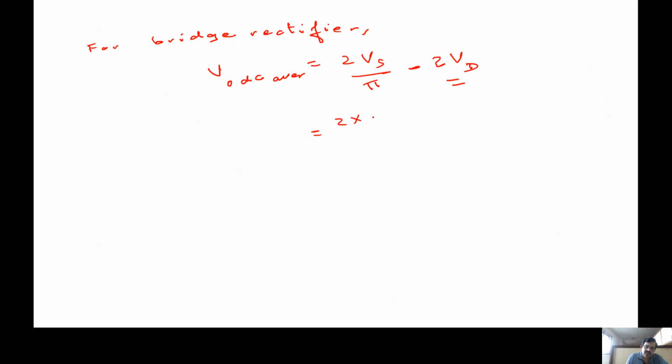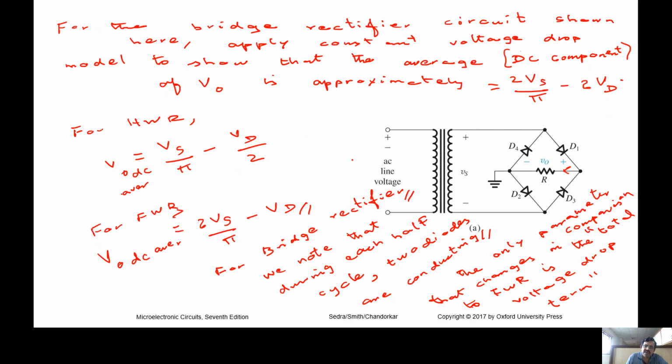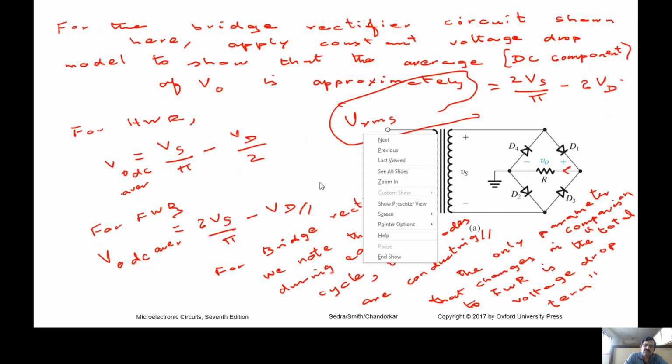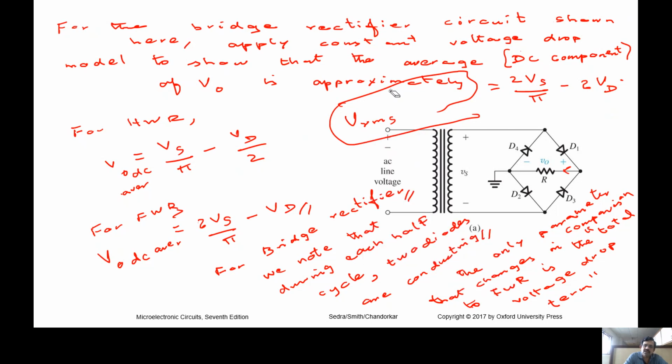So 2 into 17, because Vs is root 2 Vrms, and we had already said in the given problem, Vrms input is given to be 12 volt.